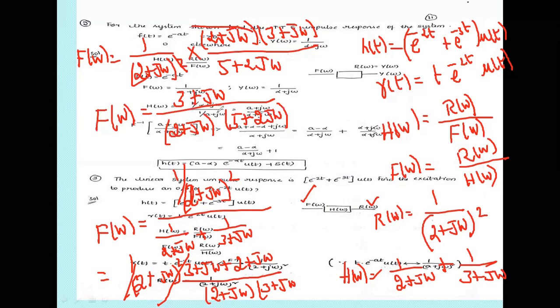So we have the function with 3 plus j omega and 2 plus j omega here. Simplify this or apply the partial fraction expansion method. Find the A and B values, and then you can apply the inverse Fourier transformation to get F of t.